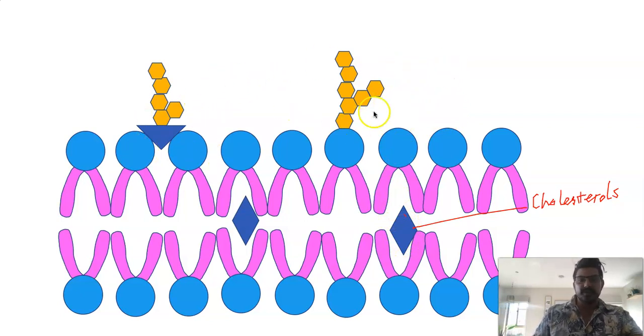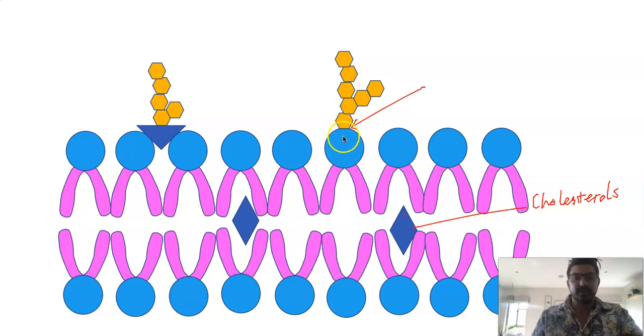While on the surfaces, as you can see, pointing outwards, specifically going out into the external environment, are your glycolipids and glycoproteins. Glycolipids are glucose molecules or carbohydrates that are attached directly to the lipid molecules in the cell membrane.